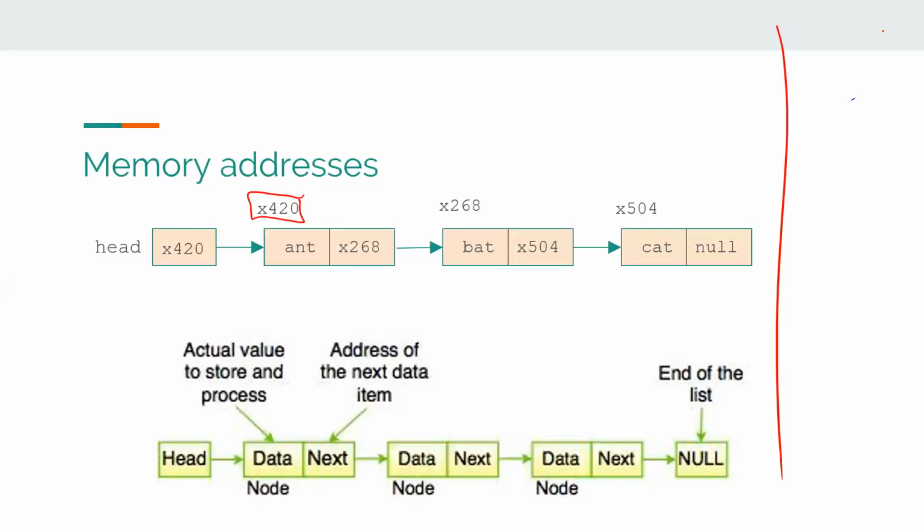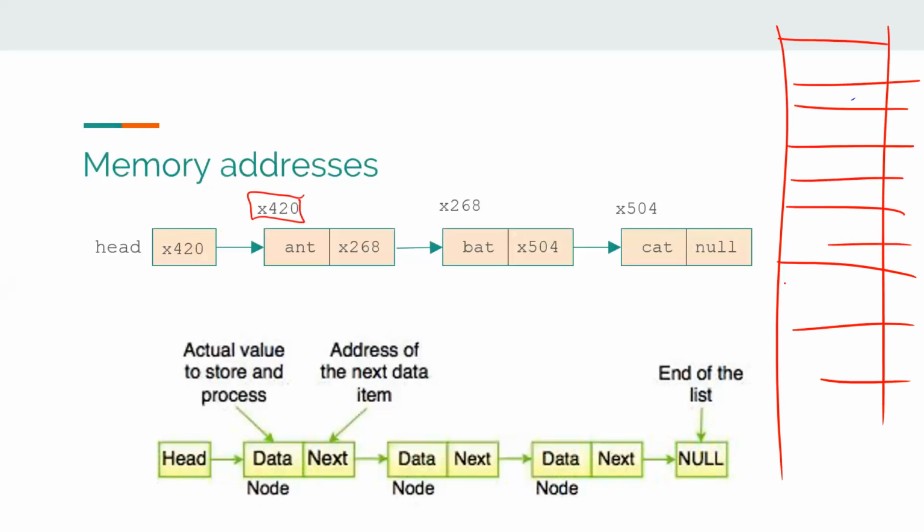That means if you think of memory as a huge giant array, and this is the index hexadecimal 470, then right here is where the object is actually stored. And let's just draw the ant here and this reference to 286 here. This is all symbolic, but you get the idea, right?